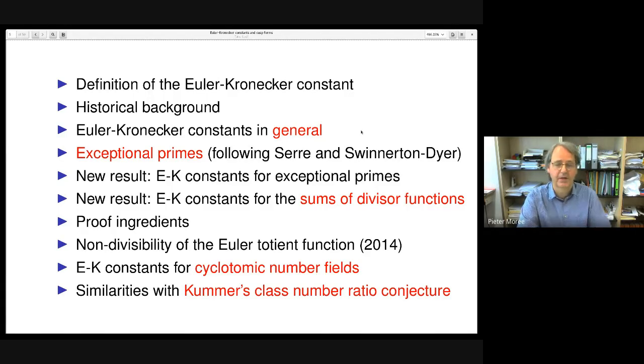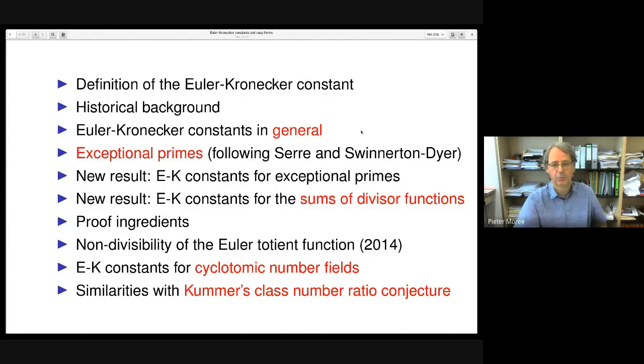Then I will say something about Euler Kronecker constants in general, and then something about cusp forms and certain very special congruences that are valid for certain special primes, the so-called exceptional primes, and those were classified mainly by Swinnerton-Dyer with the help of Serre. That work is already quite old by now.